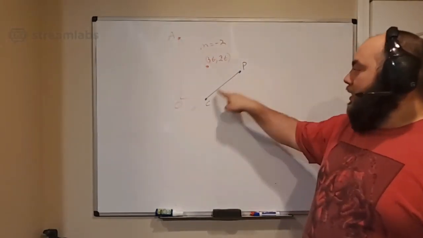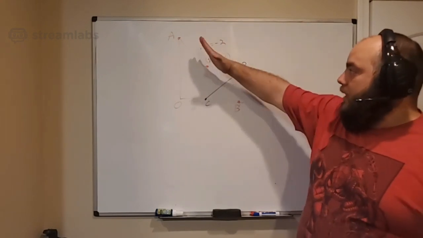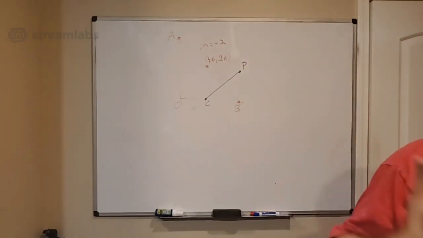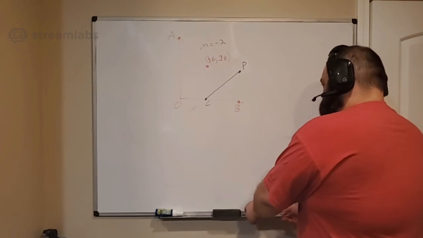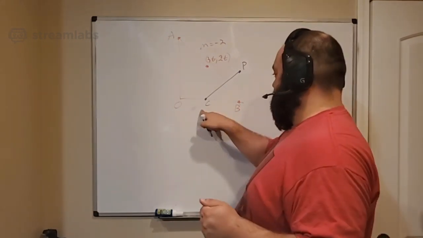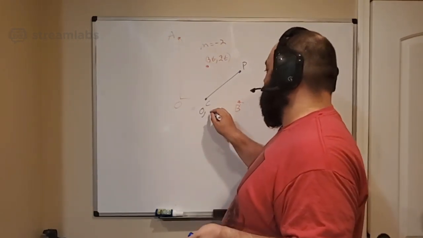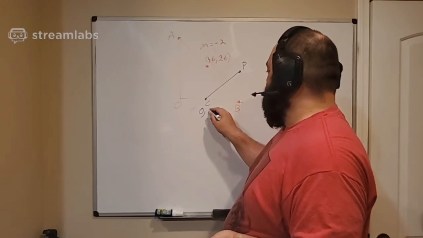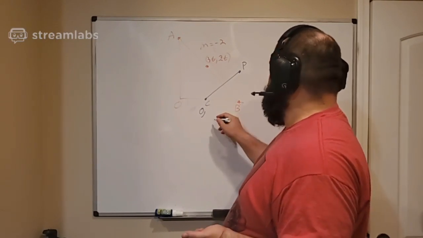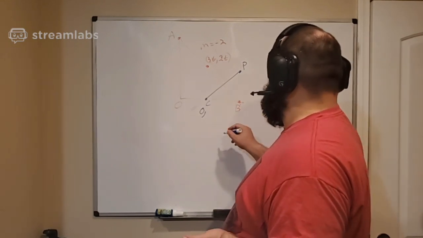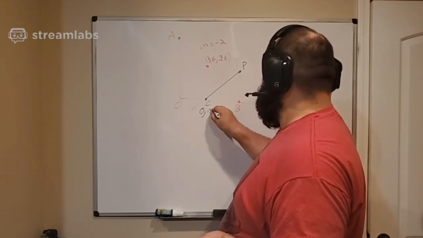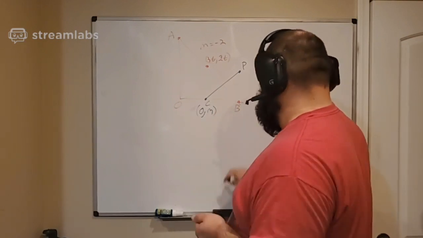So I have to understand that this is at the point 0, comma, I'm running out of variables here. We'll call it 0, comma, m. Or m, comma, 0, actually, because I know how to do points.